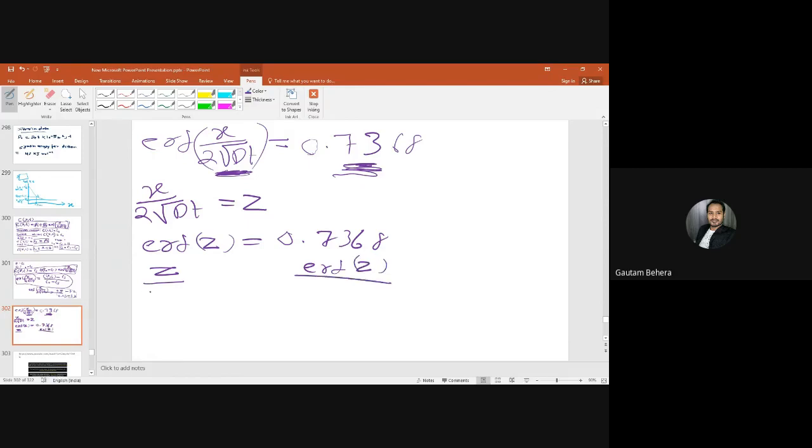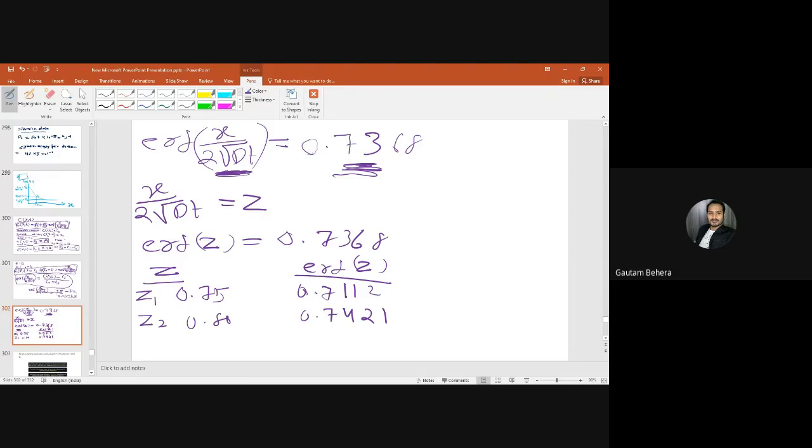So if you look carefully, you'll get a value z1 and z2, which are 0.75 and 0.80, and the corresponding error function values are 0.7112 and 0.7421. Okay, you have got these two figures from the error function table.